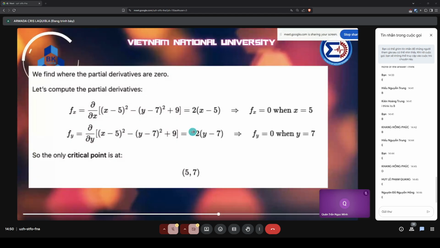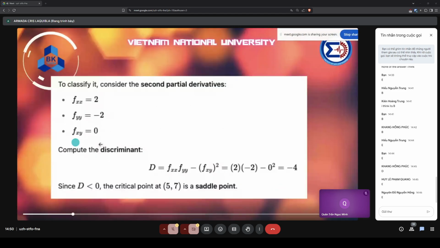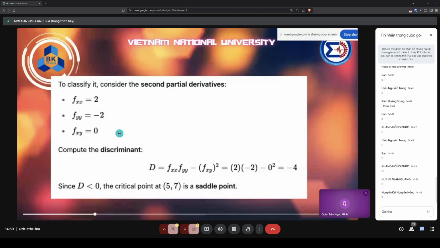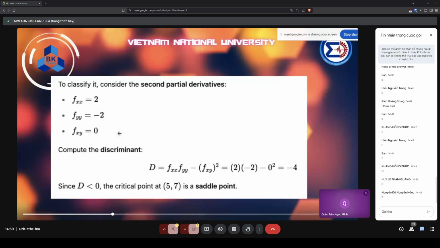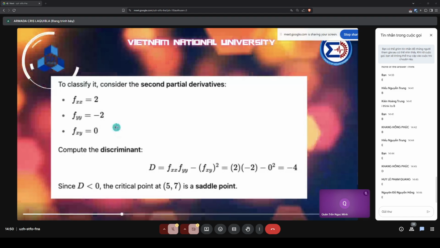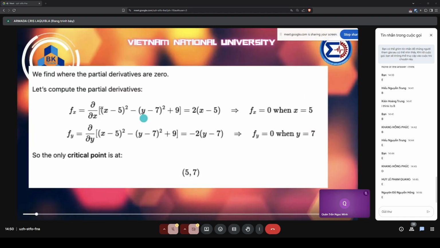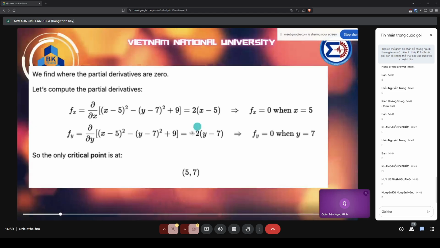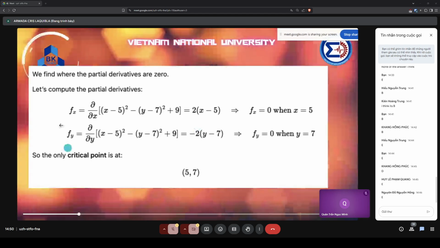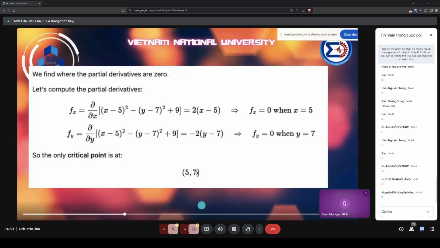That is why this is 2 here. Your fyy is negative 2, and then your fxy is 0. Because your fx here is 2 already, if you take the derivative, it becomes 0 because 2 is constant. So that's it. Fxy is 0.